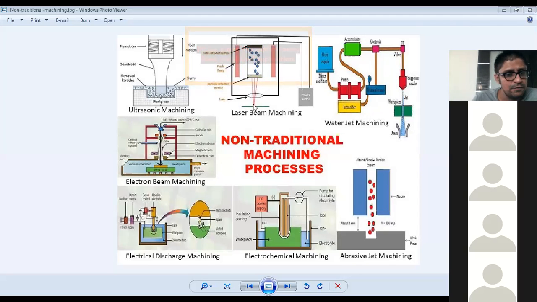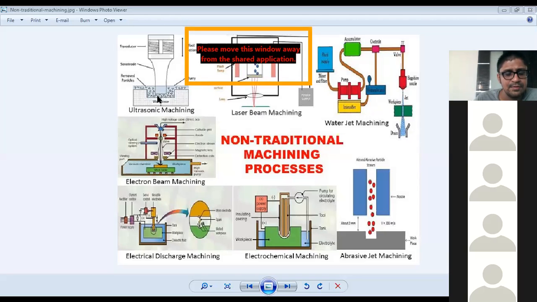In laser beam machining, a lot of heat, since it is a thermal source. Ultrasonic machining has very minimal heat generation, because the slurry will create friction on the workpiece, but the temperature rise is very small. Here, there is no temperature rise. So I would recommend considering water jet as a cold machining process, right?